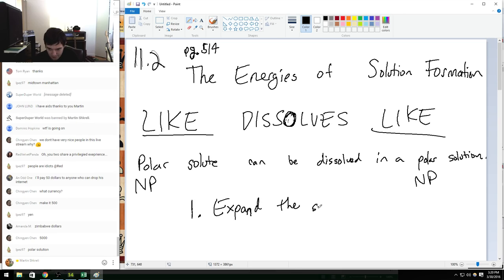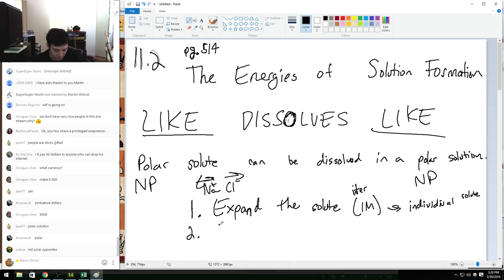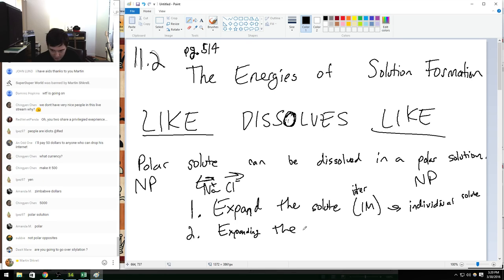What that means is we're going to break the intermolecular forces so that we have individual solute components, like Na and Cl, you want to break those apart. Next, the intermolecular forces, so expanding the solvent, same concept.